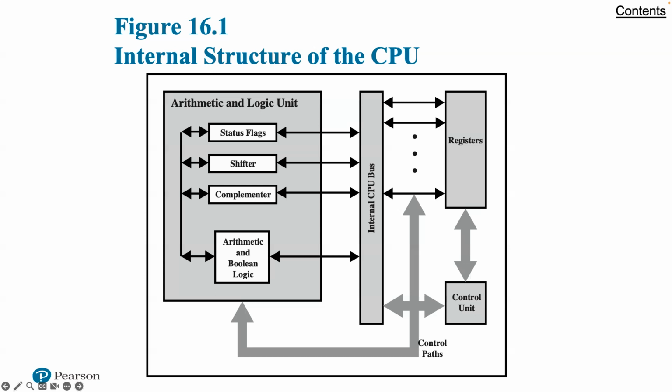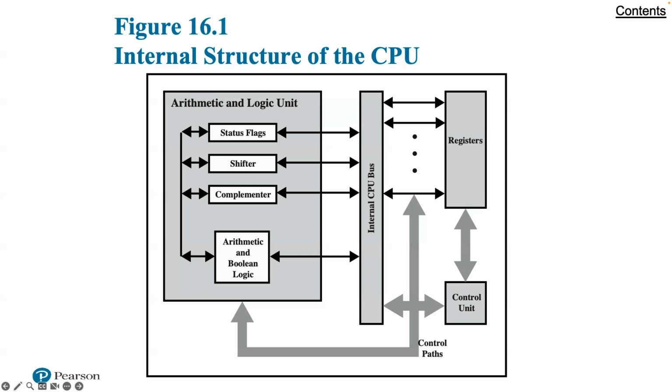This element is needed to transfer data between the various registers and the ALU, because the ALU in fact operates only on data in the internal processor memory. The figure also shows typical basic elements of the ALU.